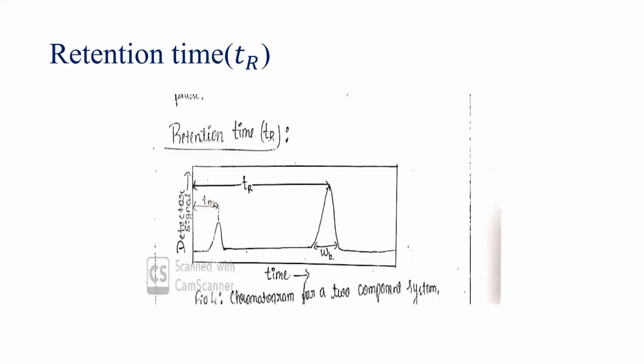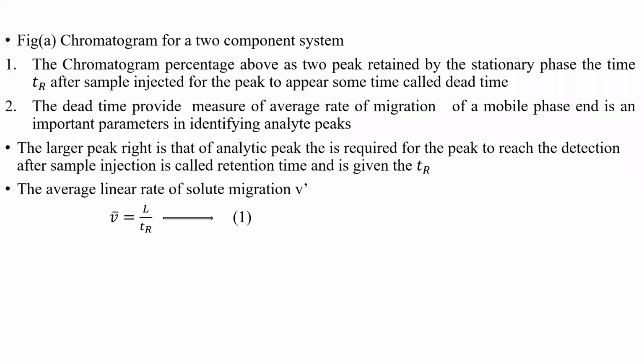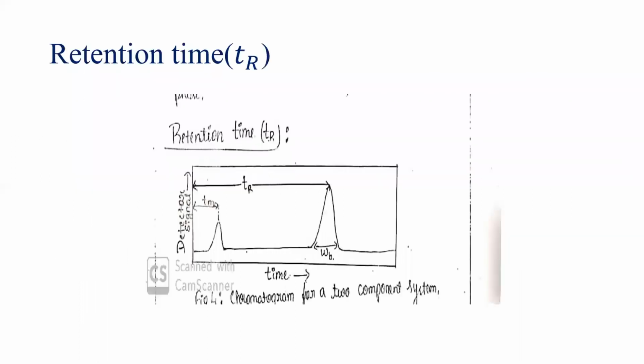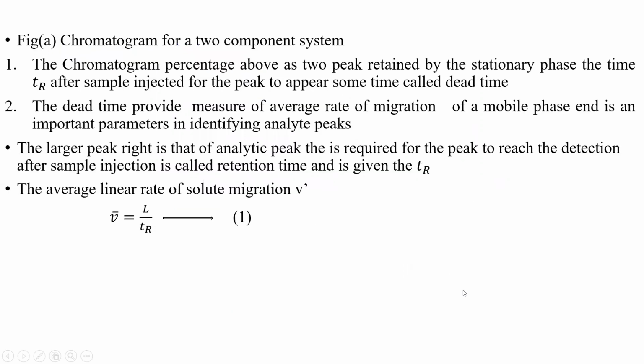Next, move on to retention time. It is a graph plotted as detector response versus time. TR means retention time. Figure A represents a chromatogram for a two-component system. The chromatogram shows two peaks retained by the stationary phase.